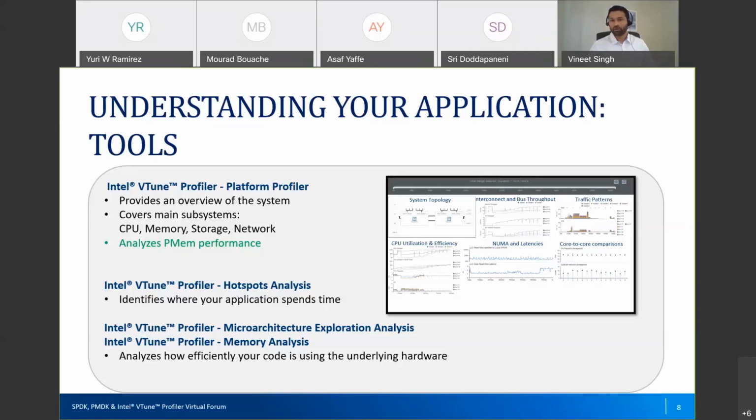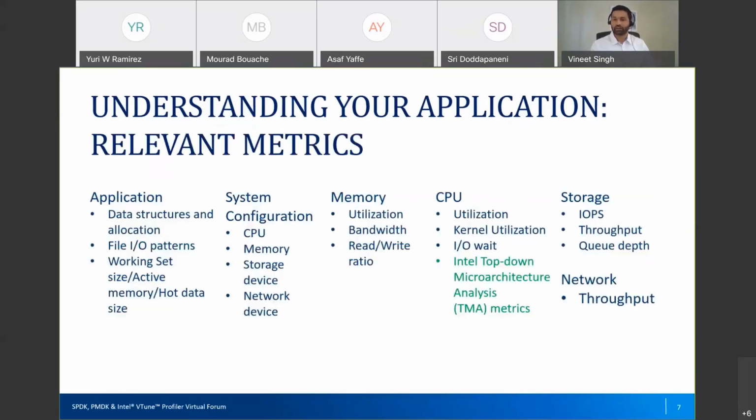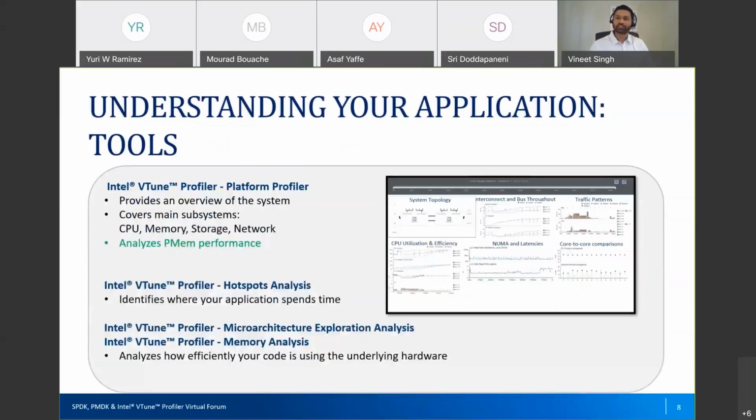Information about what objects are there and how you can move them around in app direct mode is all available in VTune Profiler, microarchitectural exploration, and memory analysis. These tools together give you a very high level of coverage with respect to all the metrics that I have used in my analysis. Hope that answers your question.